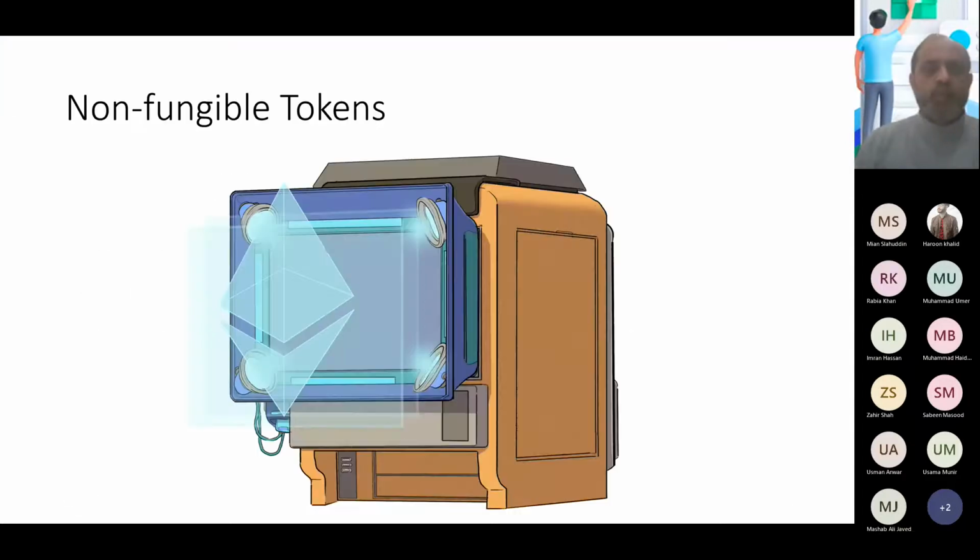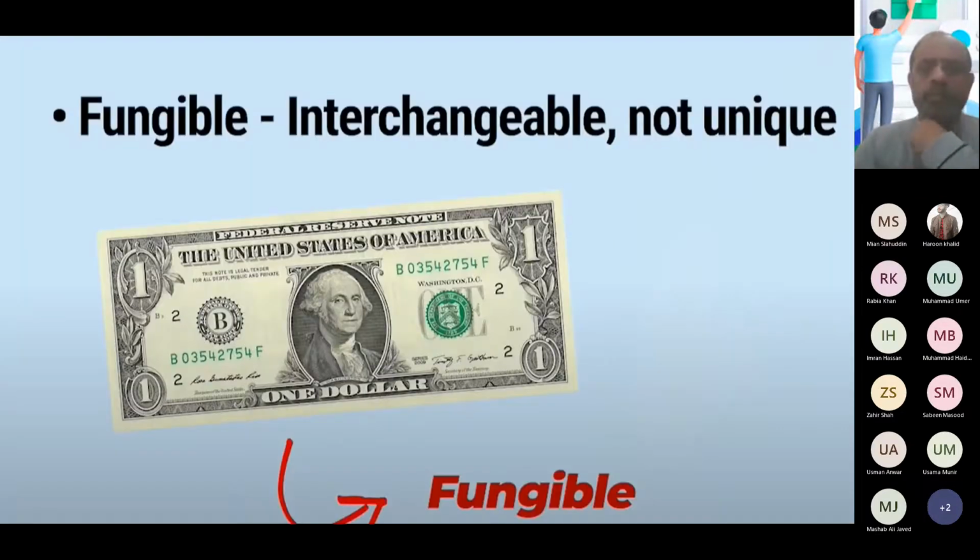So non-fungible tokens we covered last time. We said fungible is something which is interchangeable, like a dollar bill is fungible because you don't care which bill you have, like there is a unique number, but this unique number is not very significant. It's not playing any significant role.